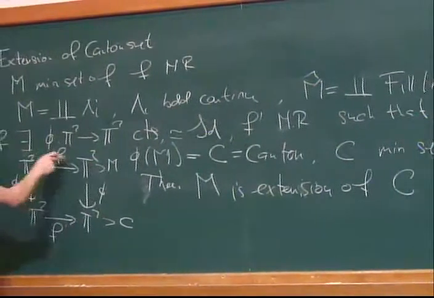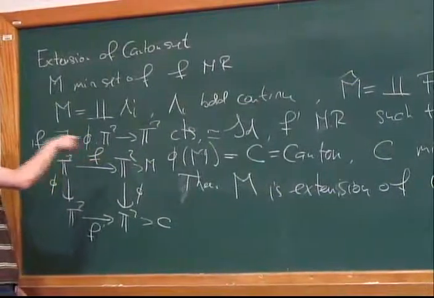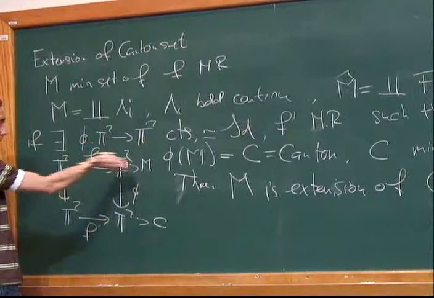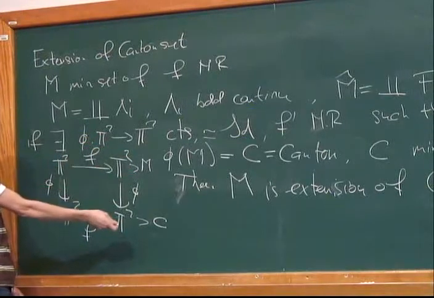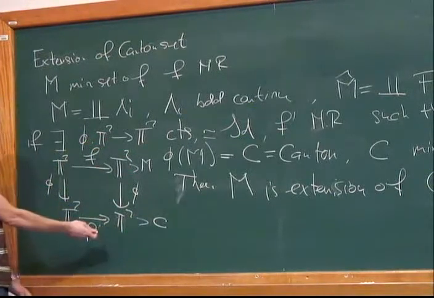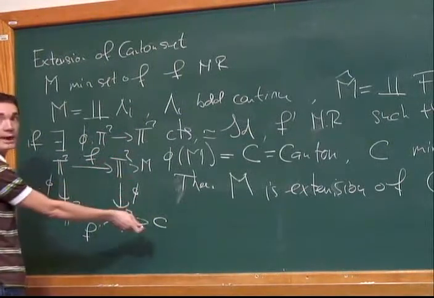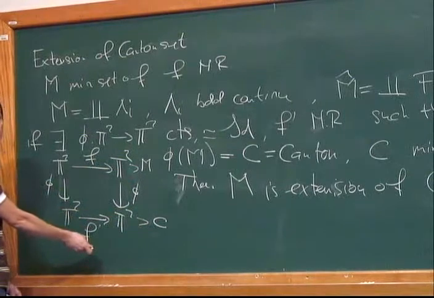And this M is a minimal set for this F here. But if you fill it in, it's not a minimal set for F anymore, of course. But you need it in order to quotient it out. But it will be a minimal set for this Cantor set. This image under phi, which is a Cantor set, will be a minimal set for this vector.